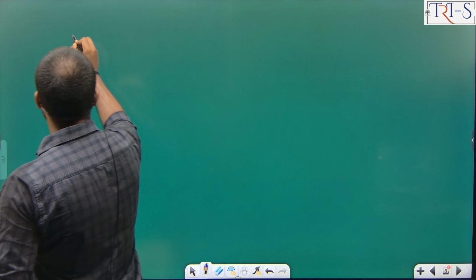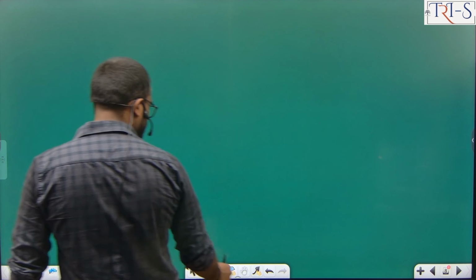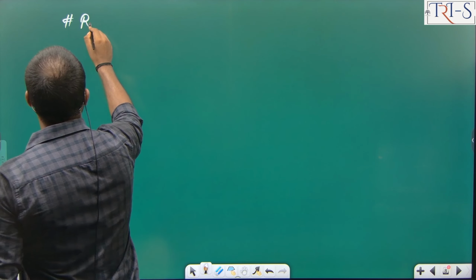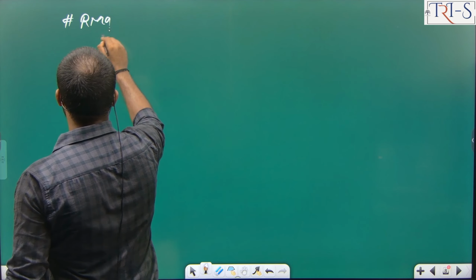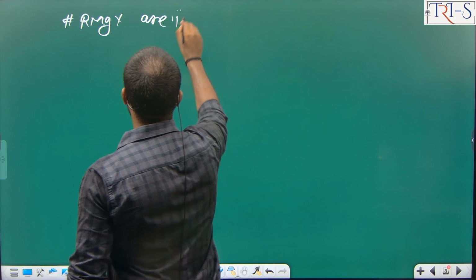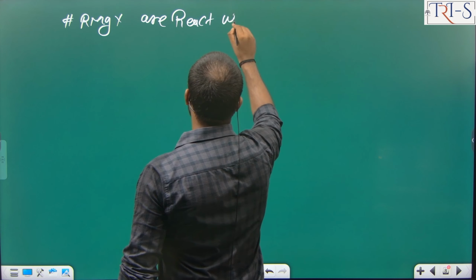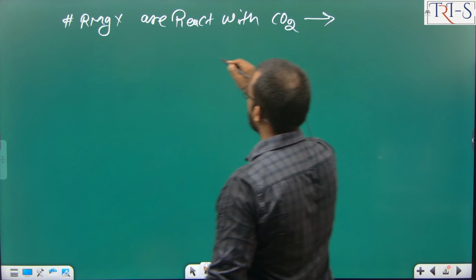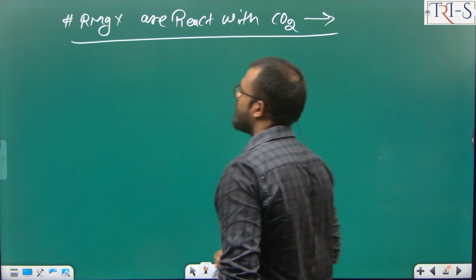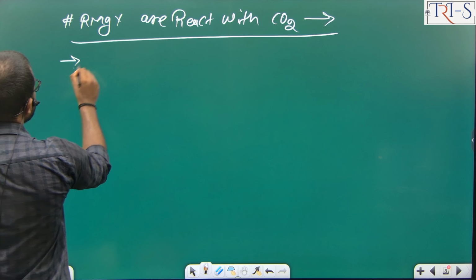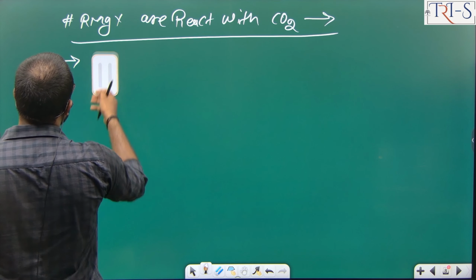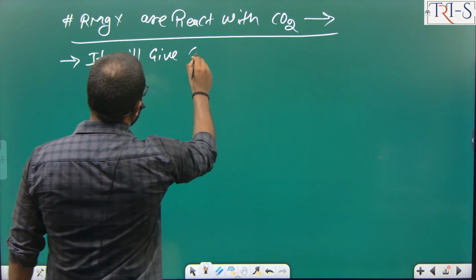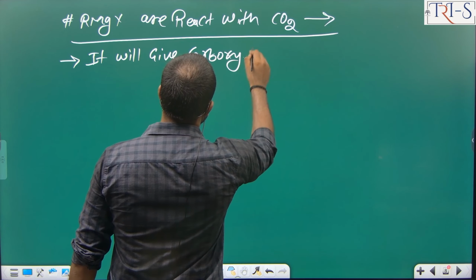Like if Grignard reagent RMgX reacts with CO2, that is carbon dioxide, then it will give carboxylic acid.